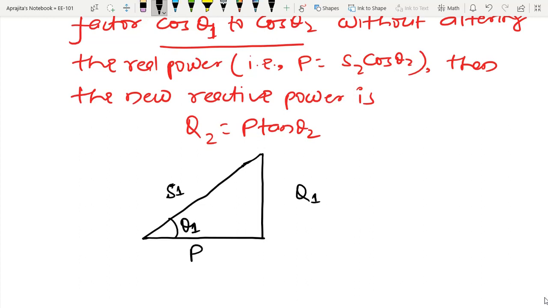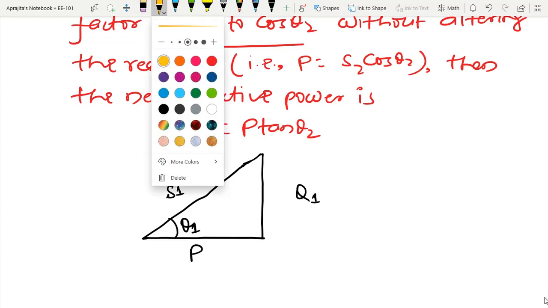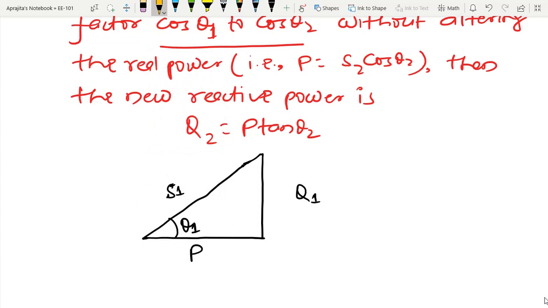Now what I am telling is that I have to increase the power factor. Increasing the power factor means I have to decrease theta 1 because cos is involved. But at the same time I have to maintain this real power the same. Due to that reason, this side of the triangle is not going to change, meaning P is not going to change.